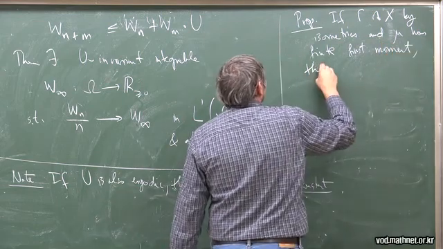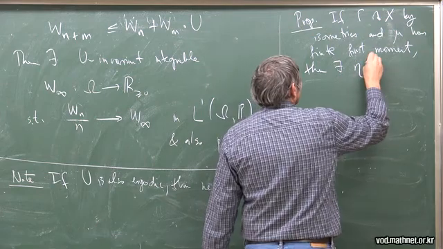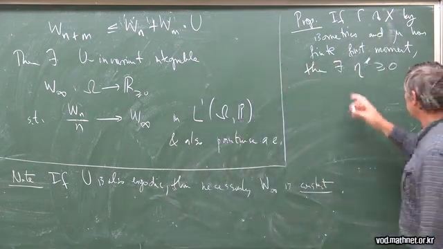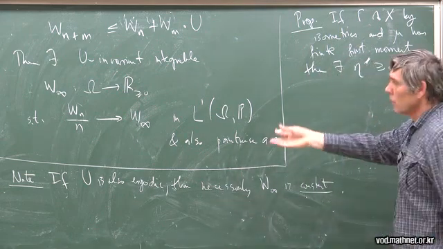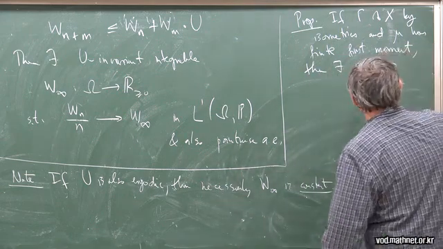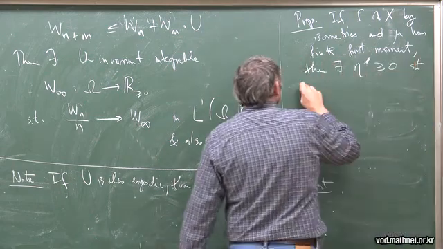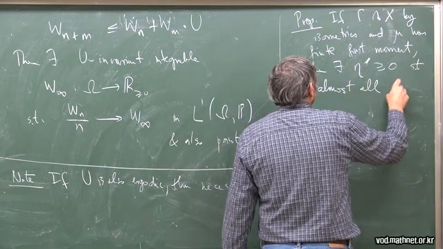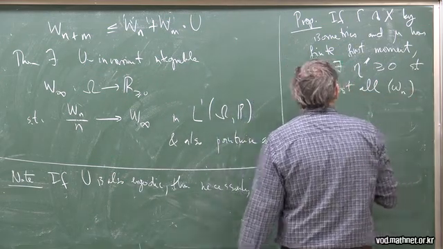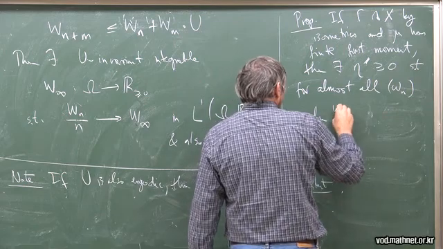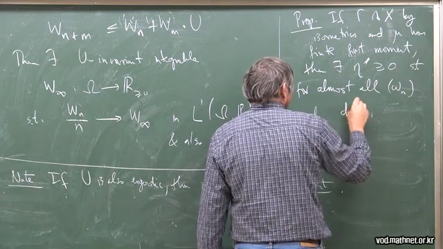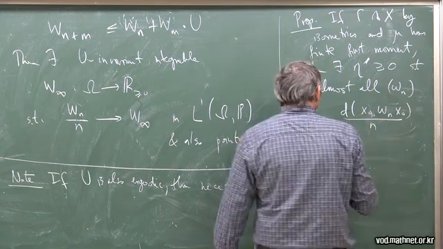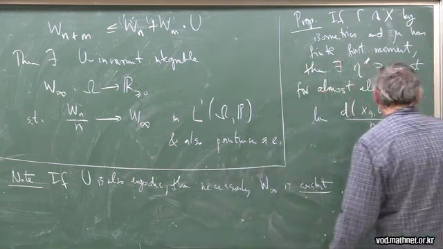then there exists some eta prime, which could be 0 in this generality. We don't know that it's not 0, but the drift is well defined. It doesn't depend on the sample path. There exists eta prime so that for almost all omega, the limit of the distance between x0 and omega n x0 divided by n exists and is equal to eta prime.